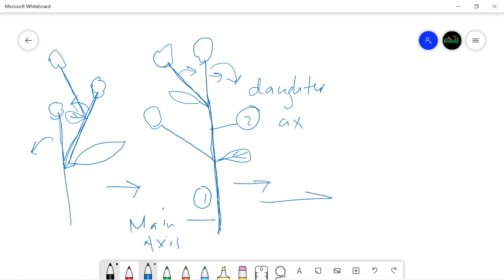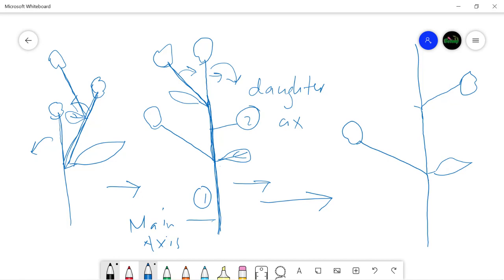So let's draw it again, and now this is the parent axis and this is the second axis. After drawing up to this part, you will bend it towards the right, and now this is the position. Its leaf is here and its leaf is here. So as you can see, you can work it out and you can make it yourself easily.